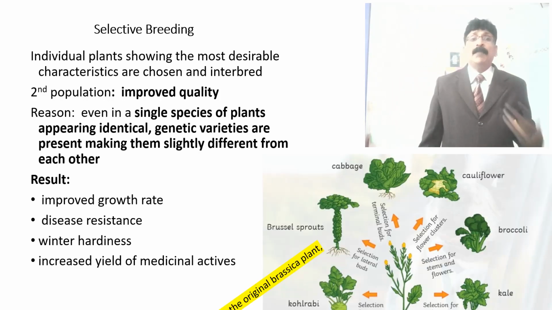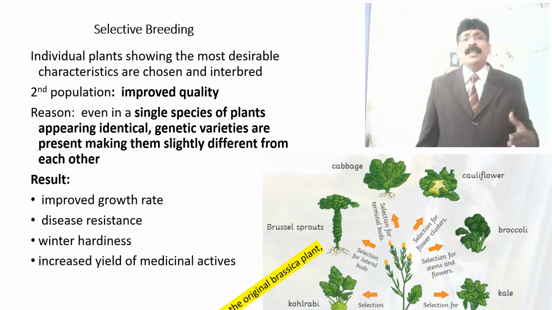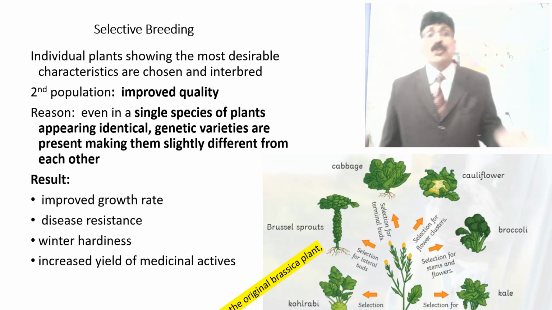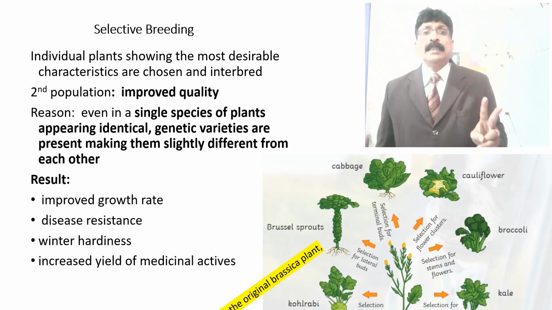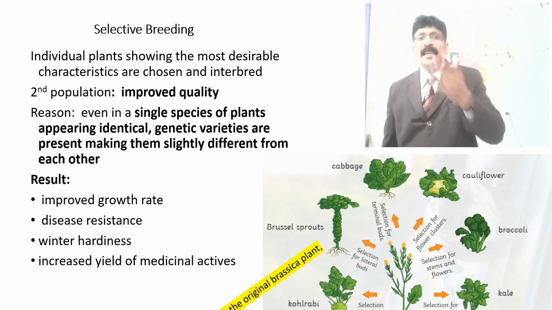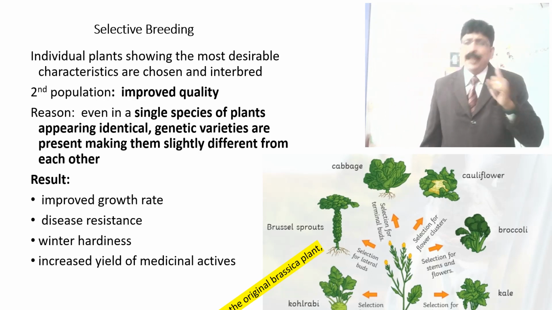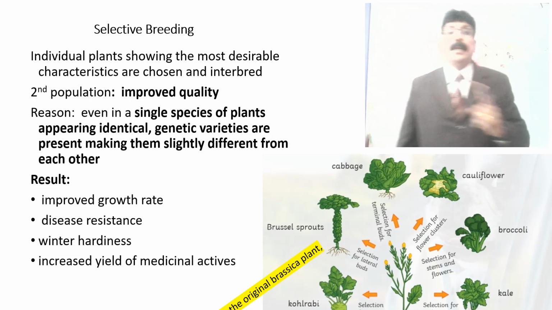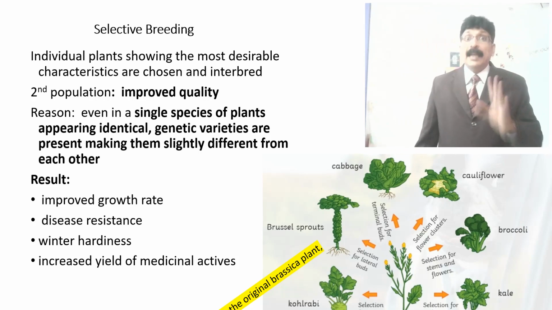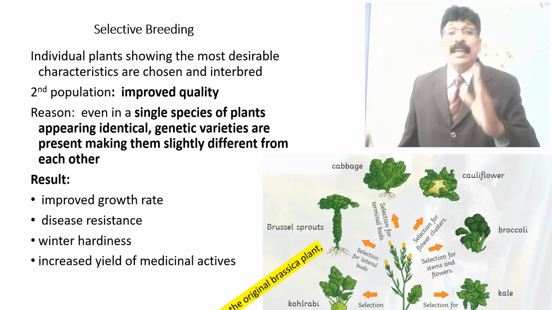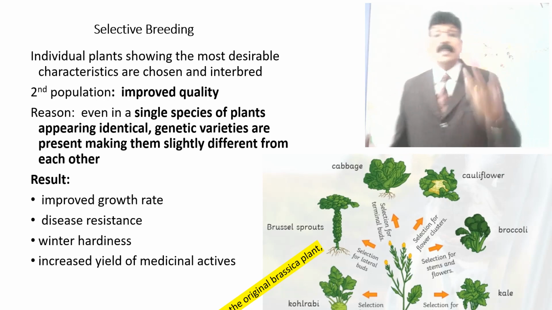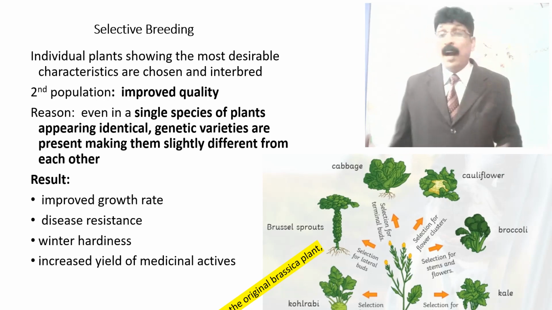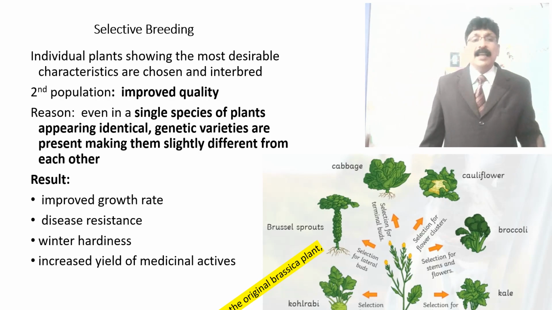Selective breeding means individual plants showing the most desirable characters are chosen and interbred to improve the population quality. Reason: when a single species of plant appears identical, genetic variability is present making them slightly different from each other. Results: improved growth rate, disease resistance, winter hardiness and increased yield of medicinal activity.